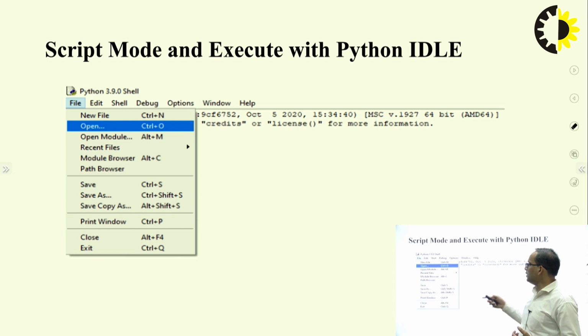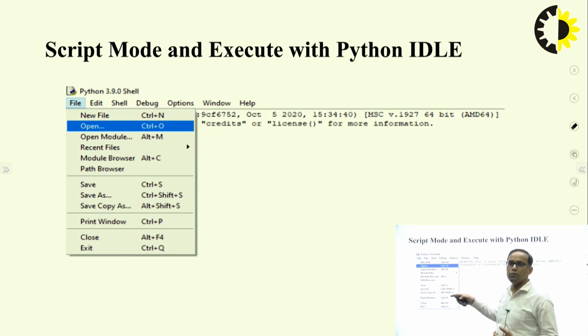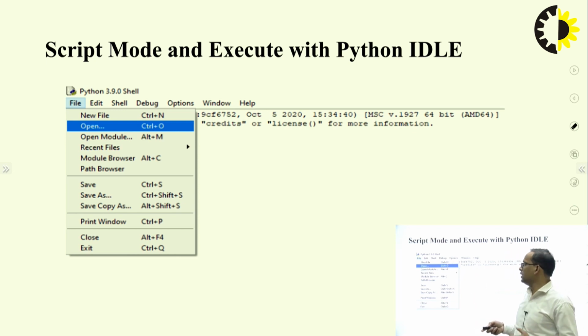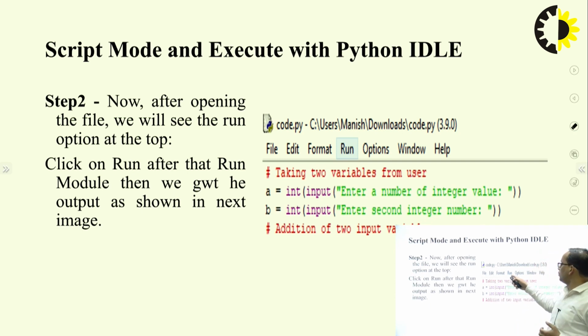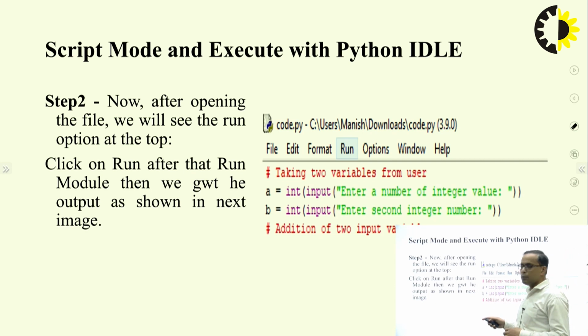Once I write my code and save it with the .py extension, then in order to run that program, I will go to Run, and after clicking on Run there will be an option, Run Module. When we click on Run Module, my program will run.